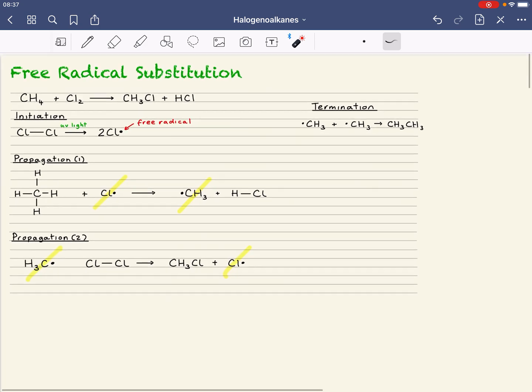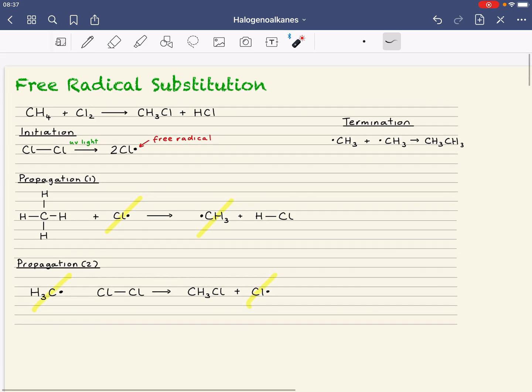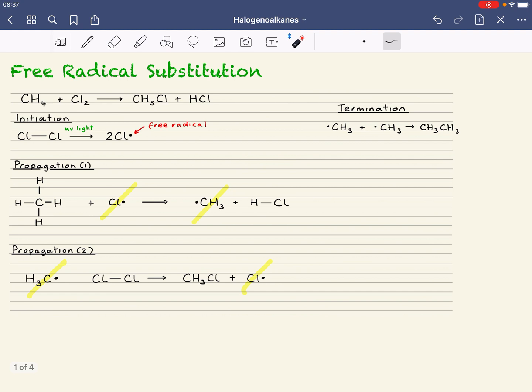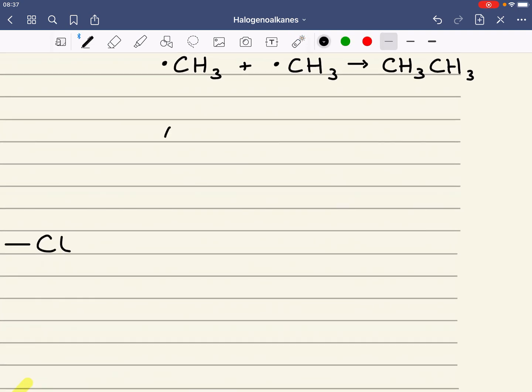Now, once this chloromethane has been formed, if there are any chlorine radicals still around, which there's a high possibility there would be, this chlorine radical is not going to discriminate what it pulls that hydrogen off. This is when we end up with something called multiple substitutions.